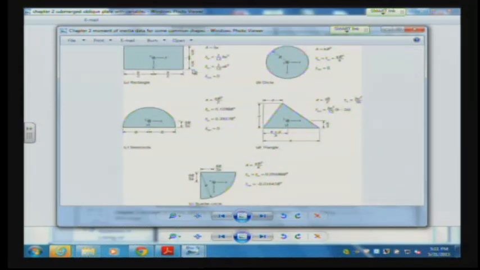for different shapes. We have a rectangle in the upper left-hand corner, a semicircle below it, a circle off to the right, a triangle below it, and a quarter circle. And the reason that we look at these shapes and that we have the I xc and the I yc and so forth, and the areas, is because these are the shapes of common submerged objects.